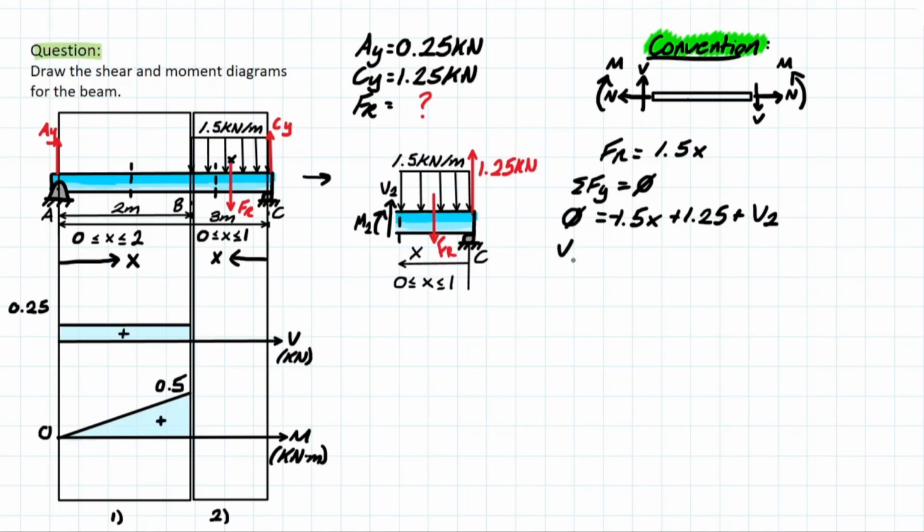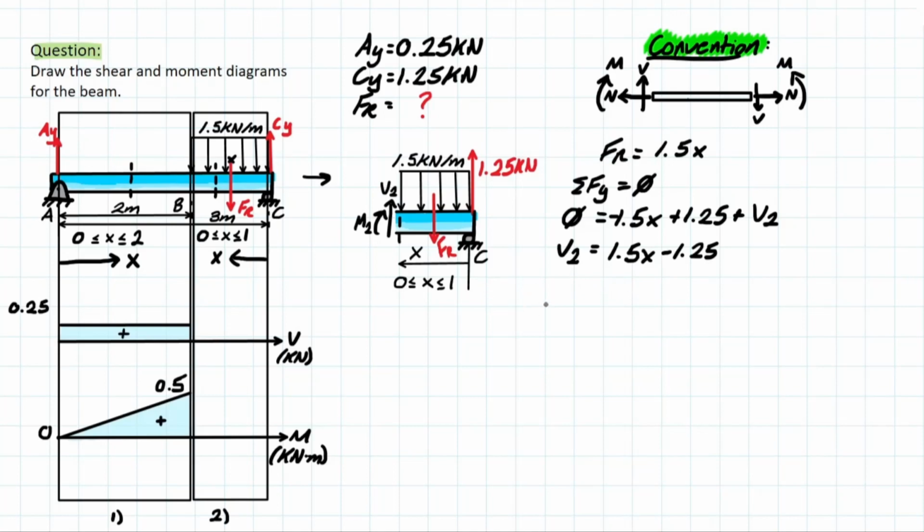Solving for shear, we have 1.5x minus 1.25. All right, so now we have a function for shear. When before it was constant, now we're going to have a linear function because we have x to the degree of 1, okay?